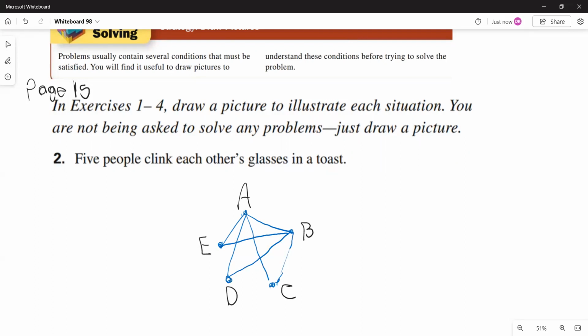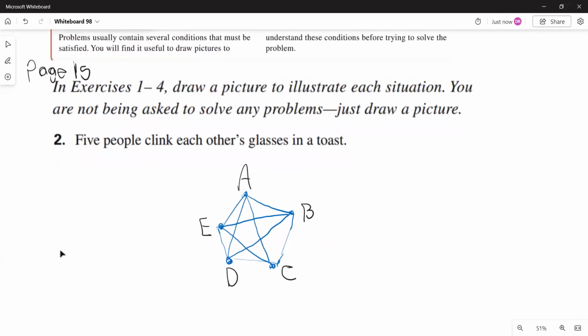So we have left BD and BE. And then person D, AD is the same as DA. DB is the same as BD, and DC is the same as CD. So I have left DE. And that's it. We're not solving anything, we're just drawing a picture for the situation.